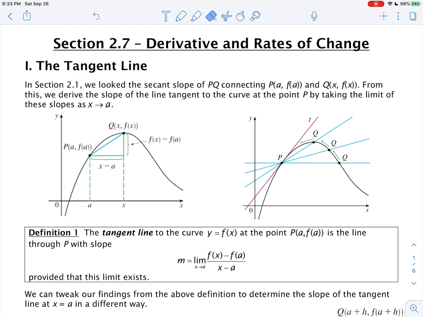Earlier in the chapter, we discussed average rates of change, and we dealt with finding slopes of a secant line connecting a point A, f of A, to a random x, f of x.